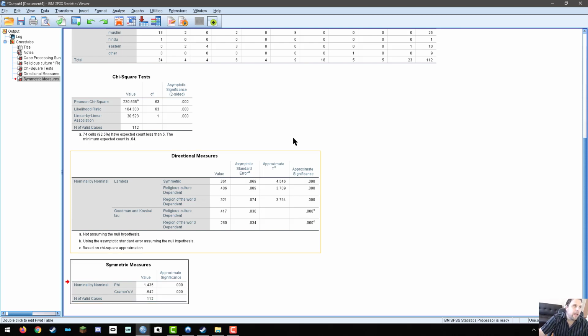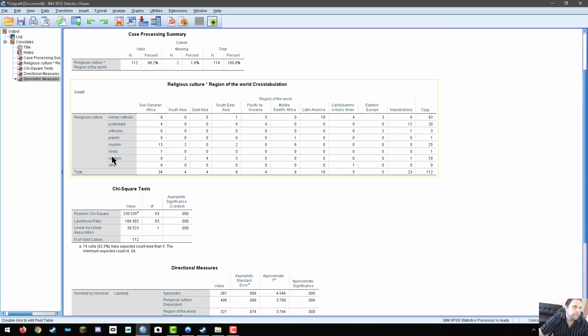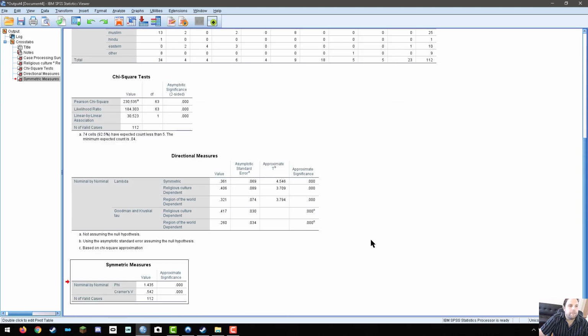So in this case, we have how many categories? 1, 2, 3, 4, 5, 6, 7, 8 religion categories, and 3, 6, 9, 10 different categories for region, it seems. So we're definitely going to go with Cramer's V, which is 0.542, which again, probably at least a moderate level of a pull of the independent variable on the dependent variable.